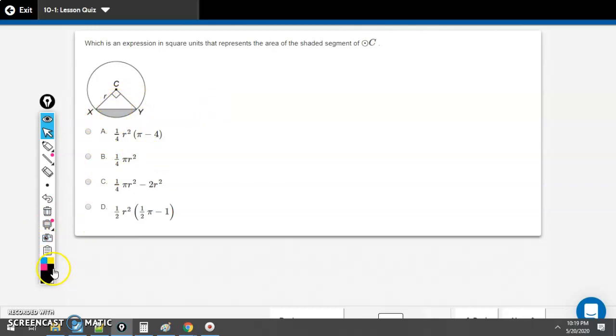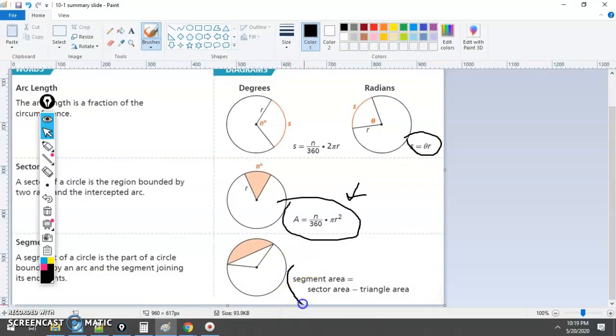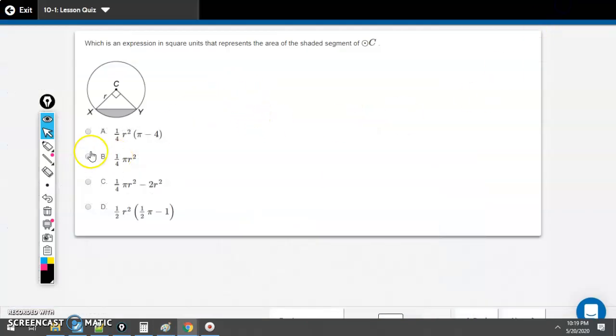You have a sector, area of a sector, and a triangle. To figure out the area of a segment, remember what you're doing is taking, it says it right down here, segment area equals sector area minus the triangle area. Okay, so let's figure out that sector first.